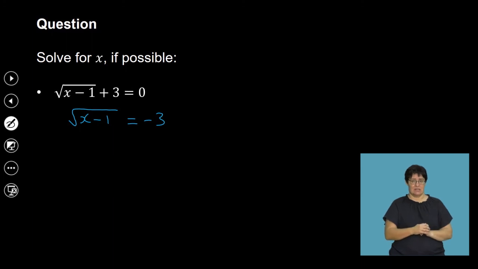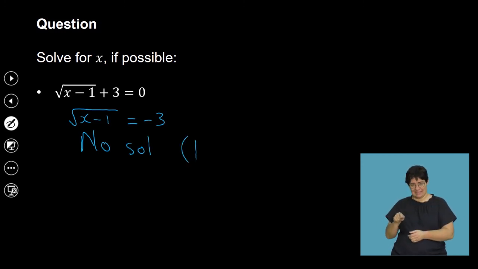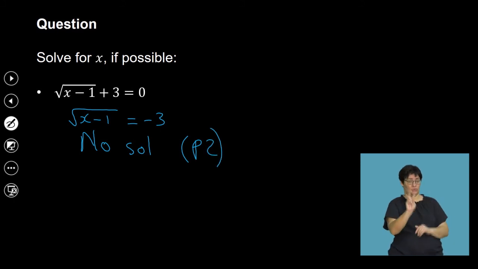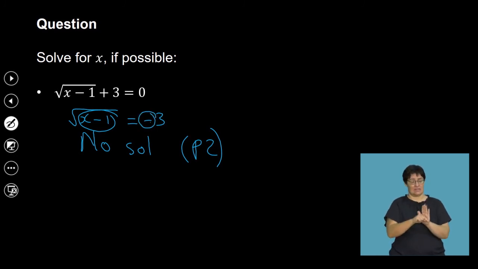You don't even need to bother yourself with this. You'll immediately go to no solution, right? Because of principle number 2 that I gave you, that a square root of x minus 1 can never be a negative number, because what is inside the square root must always, and I mean it must always, be greater than or equal to 0.